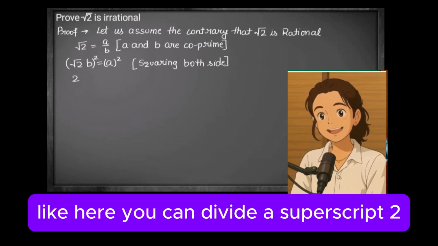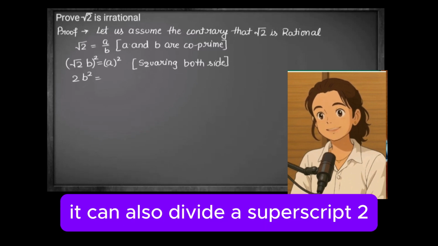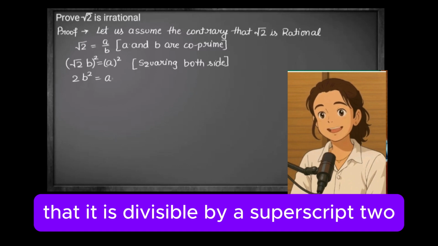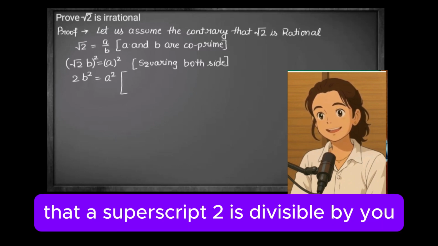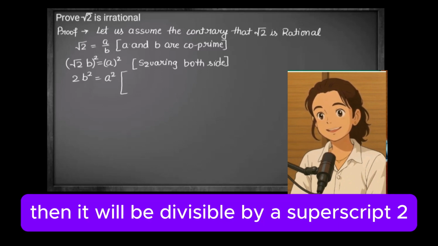Like here, 2 can divide a squared, and here there's b squared, it can also divide a squared. Which means that we can conclude that a squared is divisible by 2.